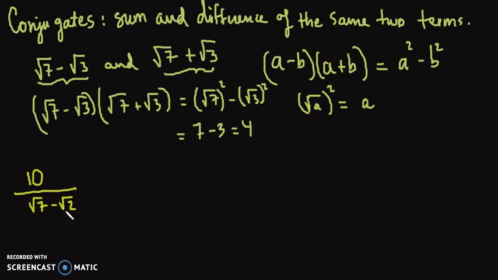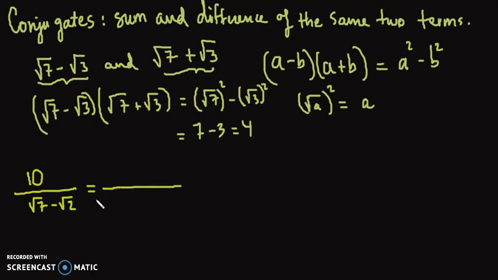Simplifying this expression means that you want to eliminate the radicals under the denominator. So we know that square root of 7 minus square root of 2 and square root of 7 plus square root of 2 are conjugates.